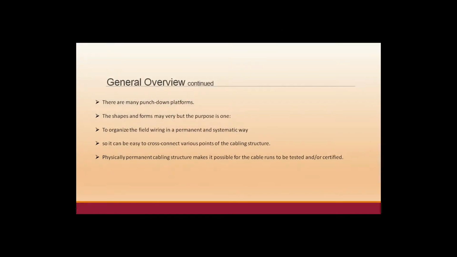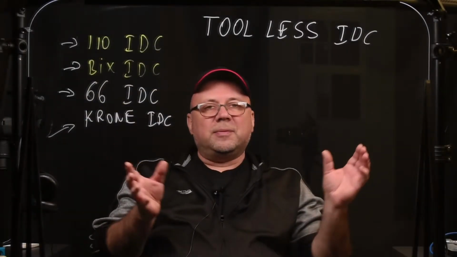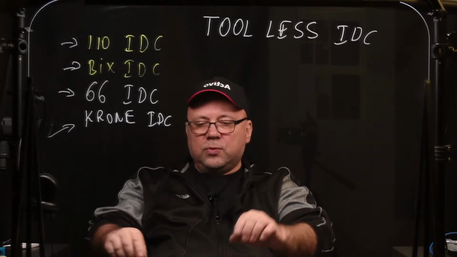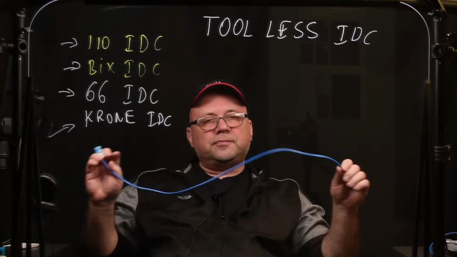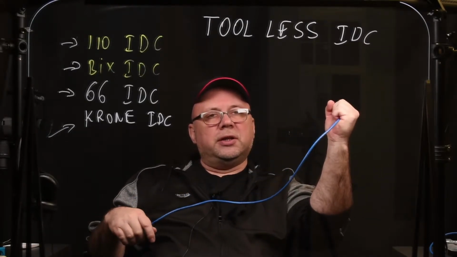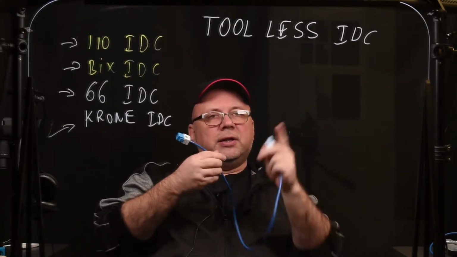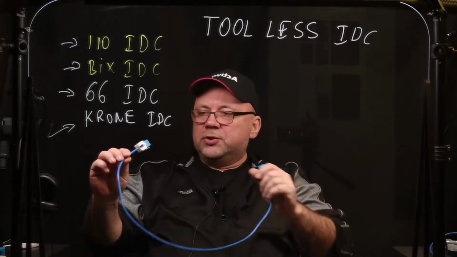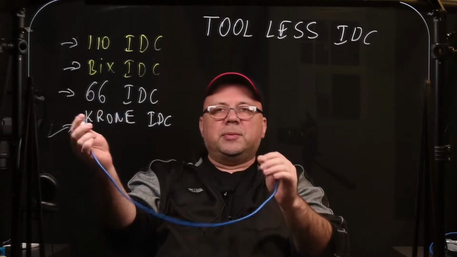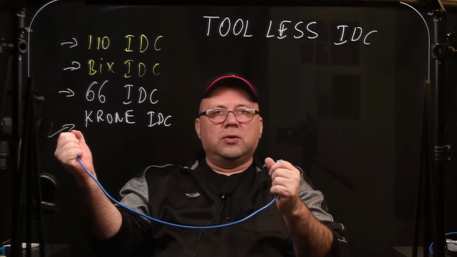So that's the whole philosophy associated with the patch panel idea. When you have a permanent installation, you run a wire and it's terminated permanently in the patch panel, runs inside the building along whatever route it takes, and then it's terminated permanently in the wall jack.